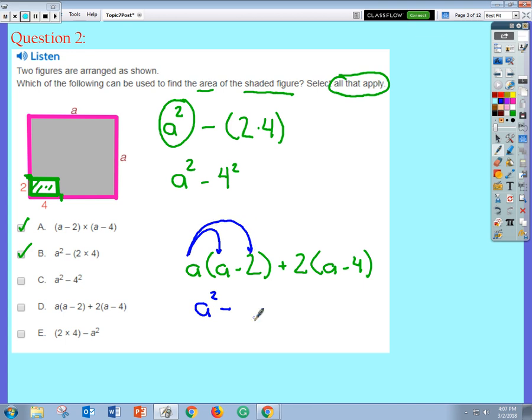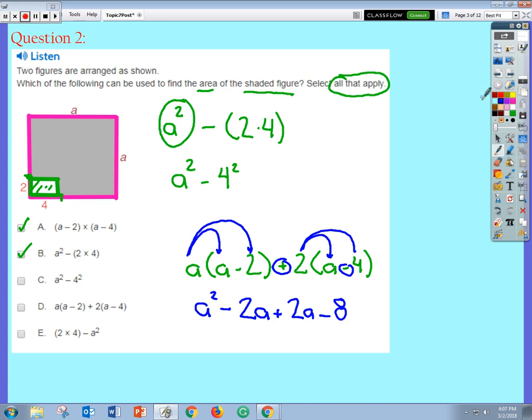A times 2. Well, A times 2 gives me, coefficient goes first, 2A. Operation here is plus 2 times A. 2 times A is 2A. We have a minus sign splitting those two terms up in the parentheses, so minus 2 times 4 gives me 8. Okay, I have A squared minus 2A plus 2A, minus 8 then.